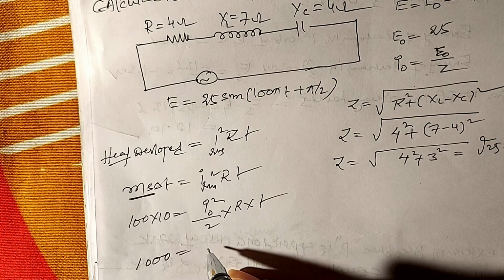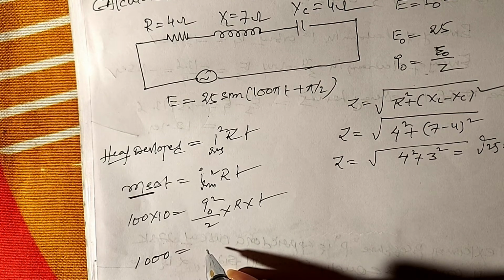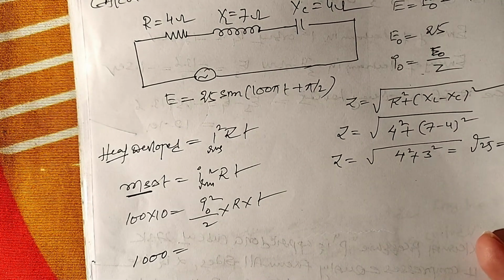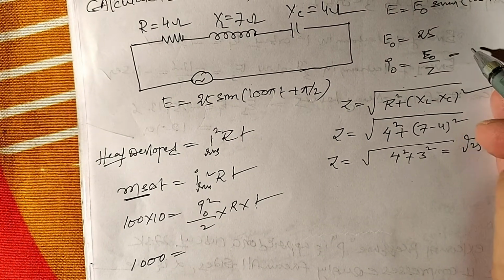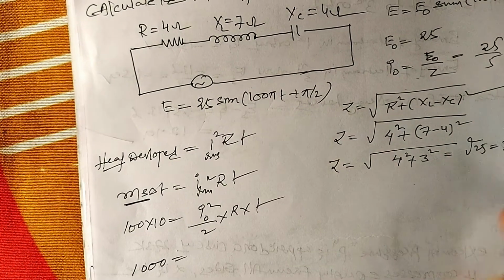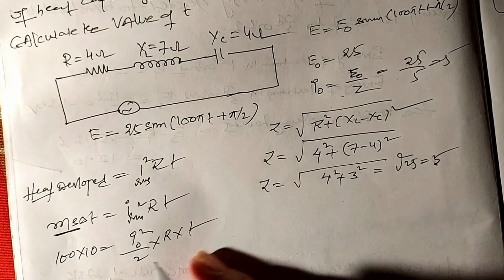I0 square is equal to how much here? Here I0 is 25 divided by 5. Okay.